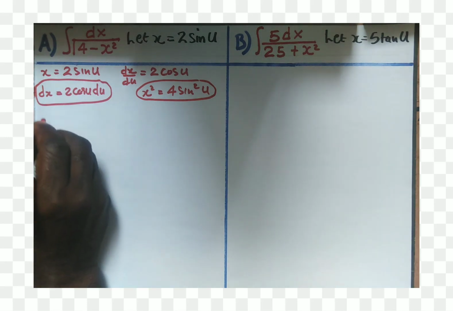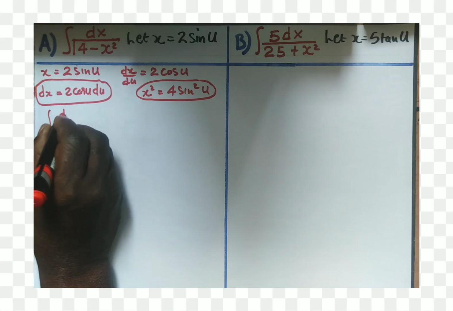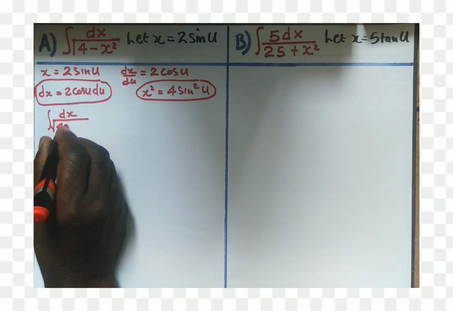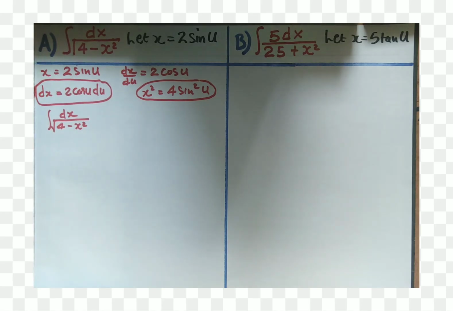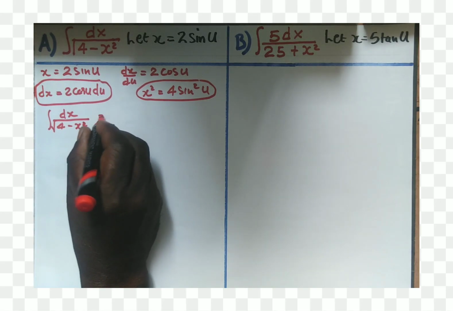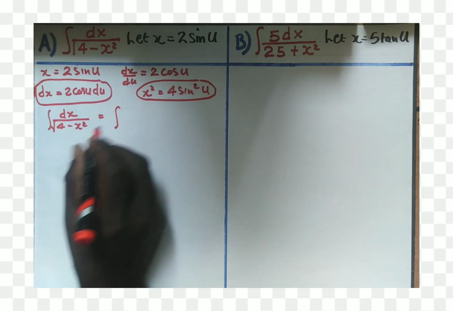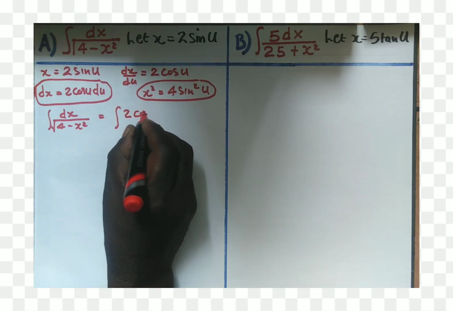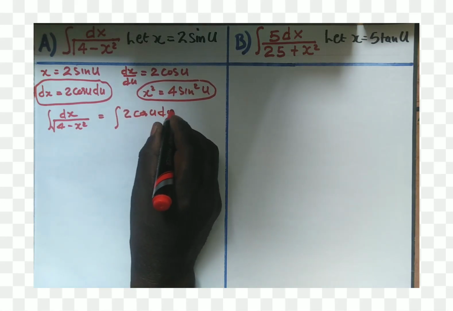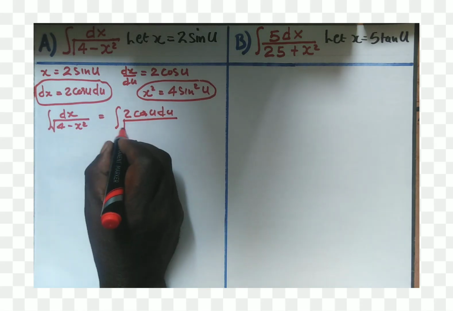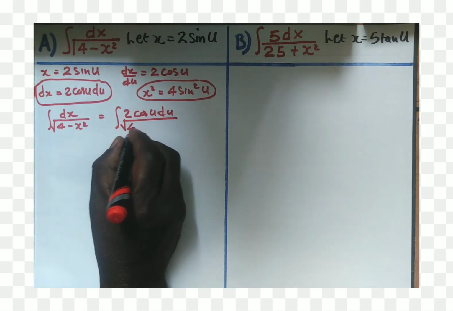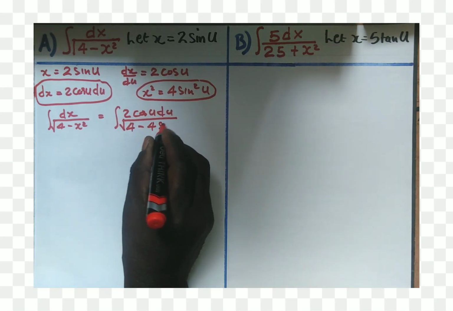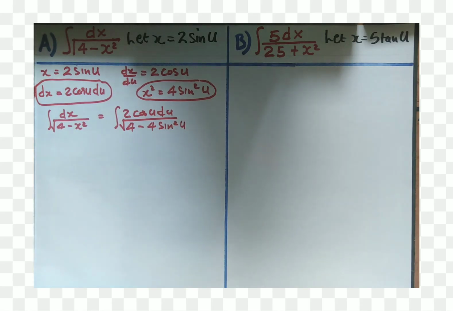Now our integral is the integral of dx over the square root of 4 minus x squared. Making the appropriate substitutions, we get the integral of 2 cosine of u du divided by the square root of 4 minus 4 sine squared u.